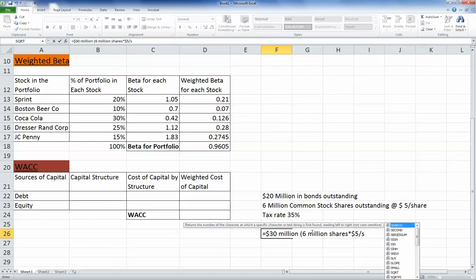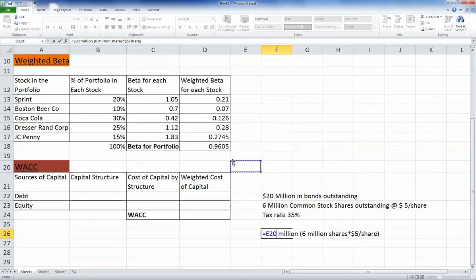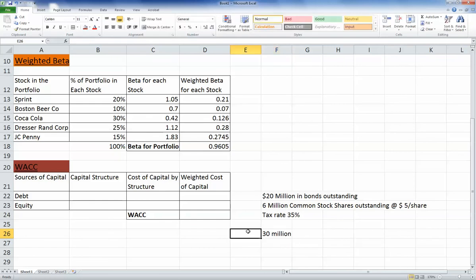Okay, so our total capital structure then would be, I'm just going to turn it into 30 million. So 30 million is equity. And we have debt of 20.